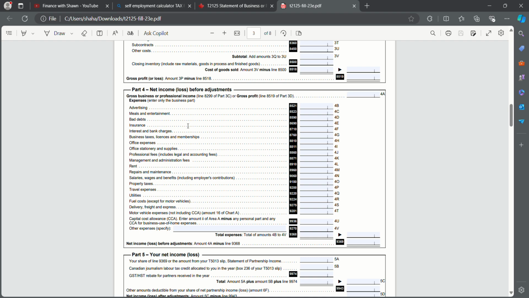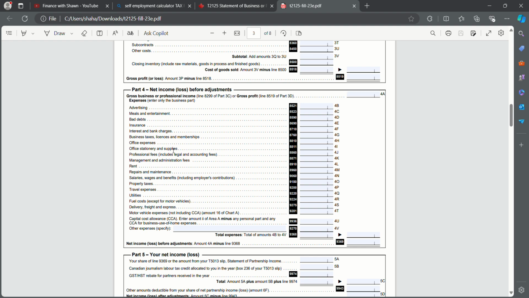There's a lot of expenses, but the main ones that we see on the form are advertising, meals and entertainment, which will be 50%, bad debts, insurance, interest and bank charges, business tax, license, memberships, office expenses, so office stationery and supplies, anything related to what your office is.